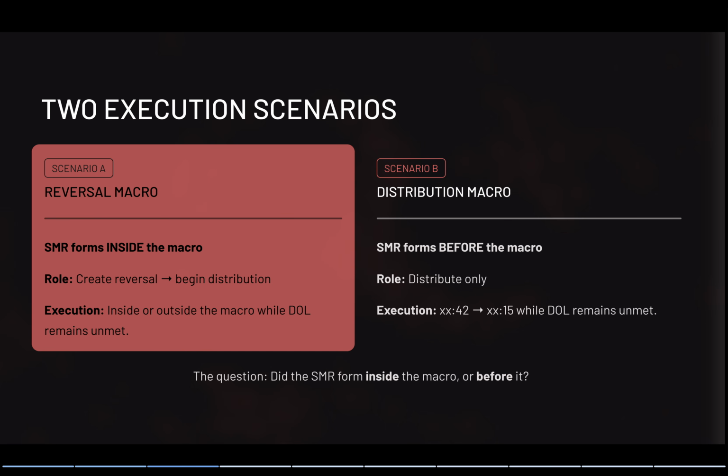The second is a distribution macro, and in that case, the smart money reversal already formed before the macro begins. The macro itself is not creating the reversal, it is only catching the distribution. Same macro time window, but different job. And because the job is different, the execution rule is also different. So ask yourself a question first. Did the smart money reversal form inside the macro, or was it already there before the macro began?